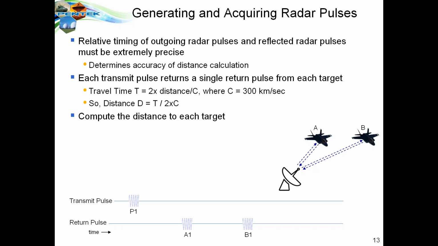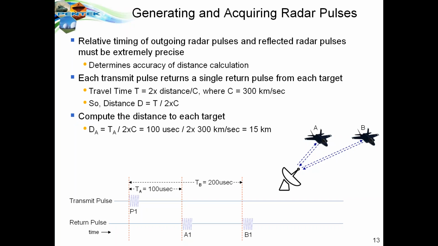So to compute the distance to each target in this example, we first measure the time that it takes for the return pulse from target A at time A1 to come back, and that happens to be 100 microseconds. Using the formula, we plug in 100 microseconds for the time, multiply by the speed of light divided by 2, and we get a distance of 15 kilometers for target A. We can also compute the distance to target B by measuring its return time.